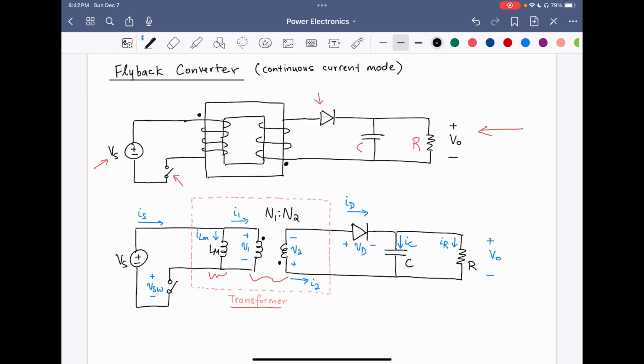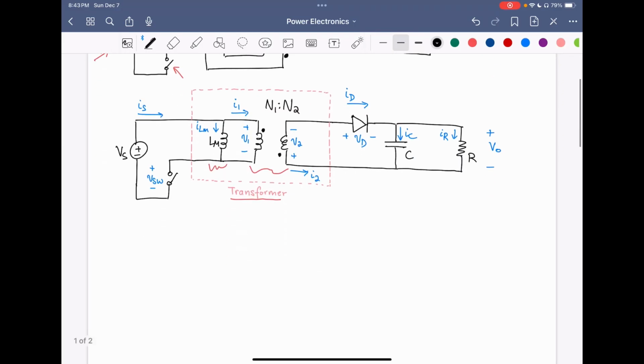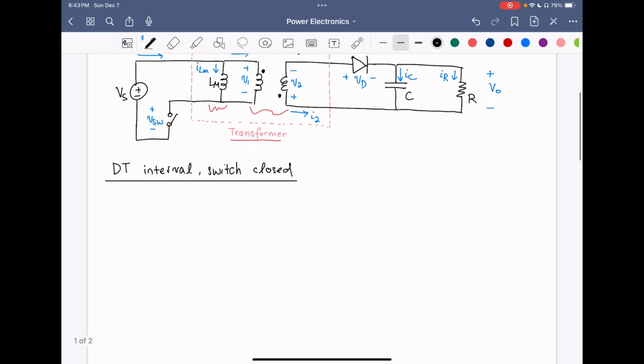That is the state when the switch is turned on and the state in which the switch is turned off. So let's start off with state 1, which is the DT interval in which the switch is closed. And I'm just going to proceed to draw out the circuit with the switch closed.